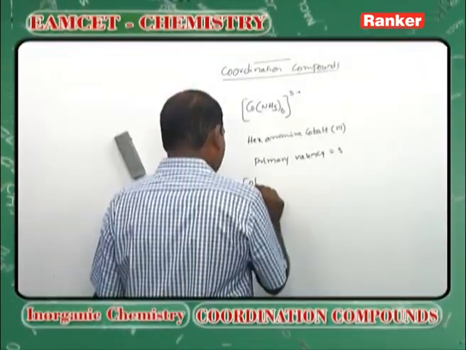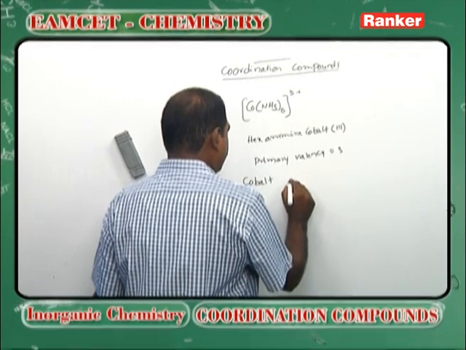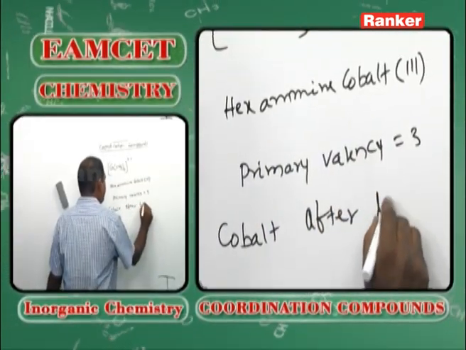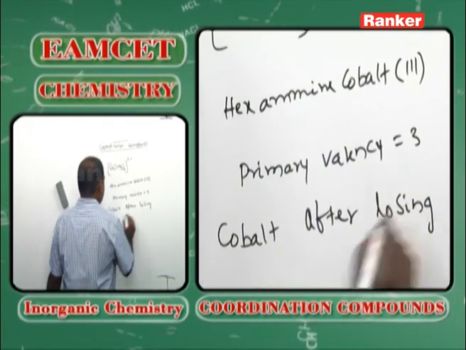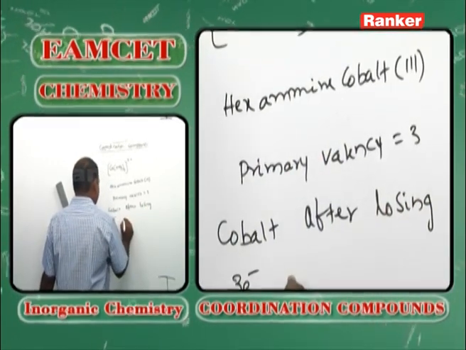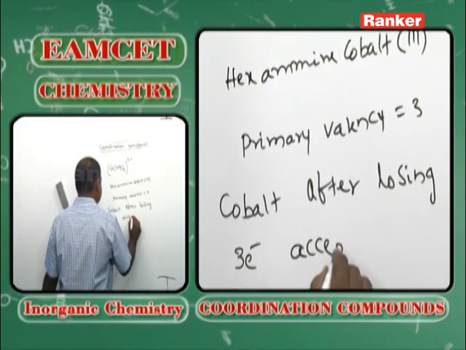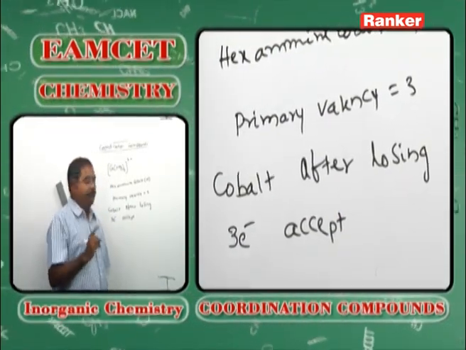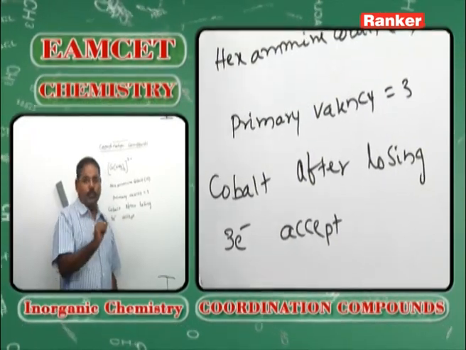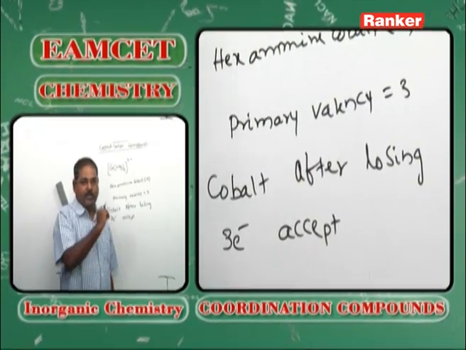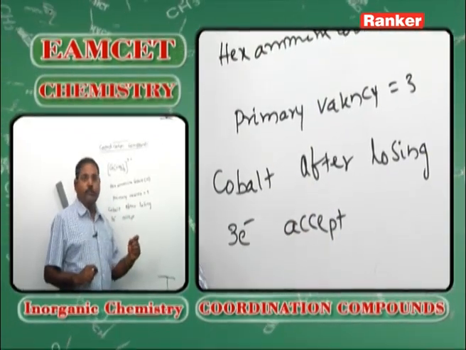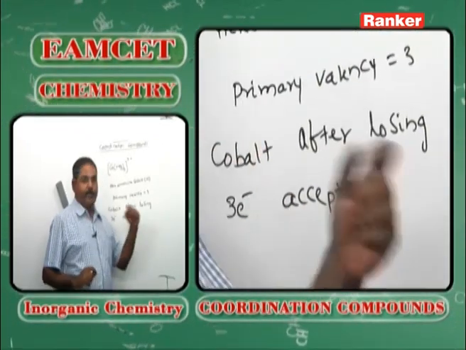Cobalt, after losing 3 electrons, accepts. Donor is the word, donor, acceptor. For a dative bond, you have to use these two words especially, donor, acceptor. Like ionic bond, we use the words lose or gain.